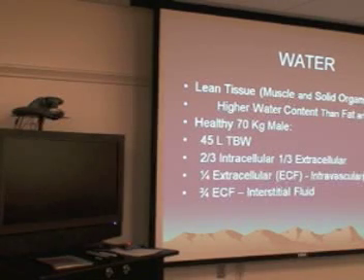The total body water of a typical male is 45 liters. 2/3 of that is intracellular. 1/3 is extracellular. And we break the extracellular down to 1/4 of the extracellular is intravascular in the blood, 10% of the total body water, and 3/4 is the interstitial fluid, which is primarily the two areas that we deal with when we're taking care of a patient.